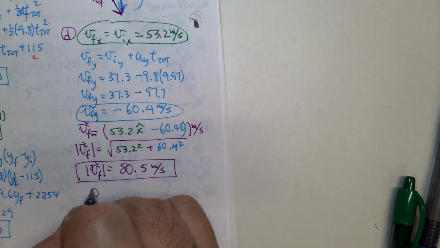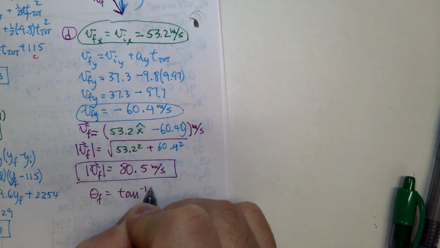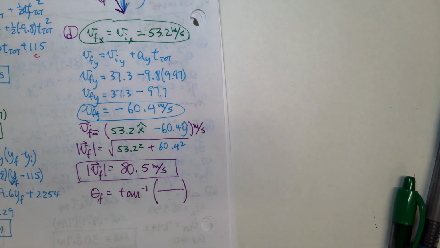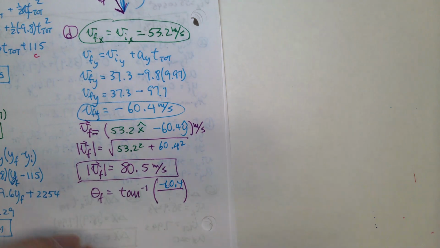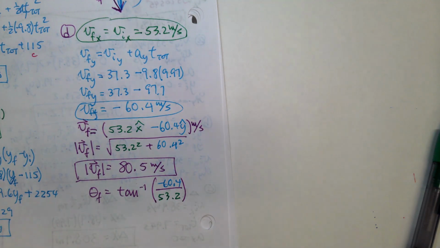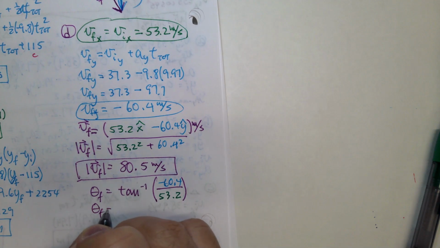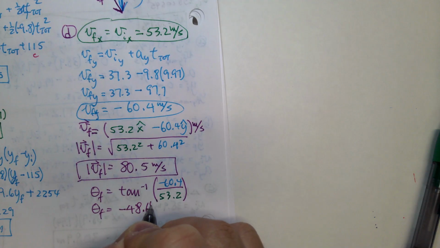Now they want you to find the angle, the direction, which is tan inverse of VFY over VFX, which is negative 60.4 divided by 53.2. So my final angle theta comes out to negative 48.6 degrees.